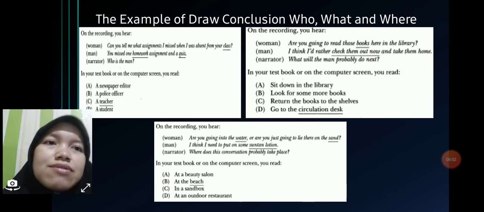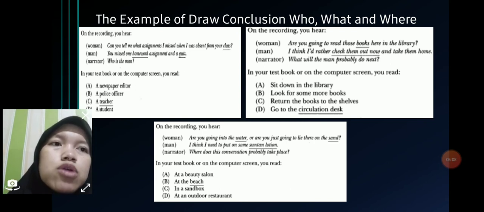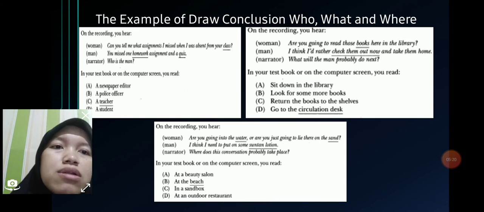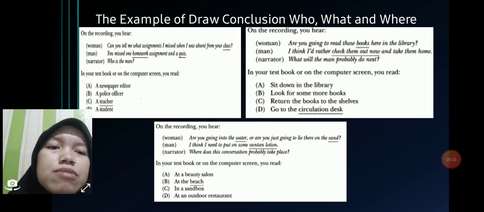Besides that, it's about what: drawing conclusions about what. And the last one, in the bottom of the box: where does the conversation probably take place?